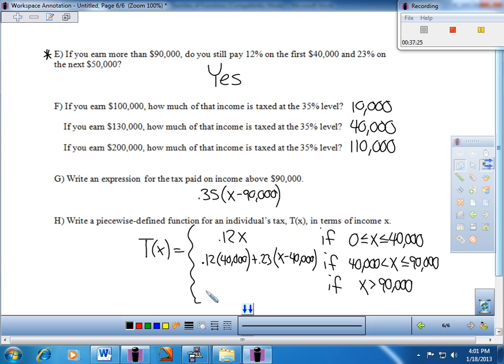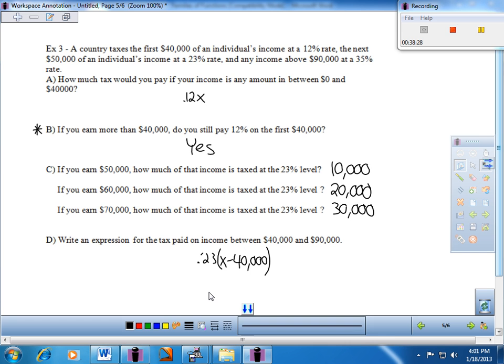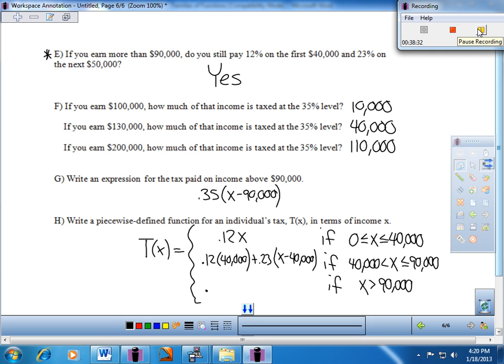And the way this works is I work my way up. So if I make more than $90,000, it means I've made that first 40, of course. And I certainly pay 12% on that first 40.